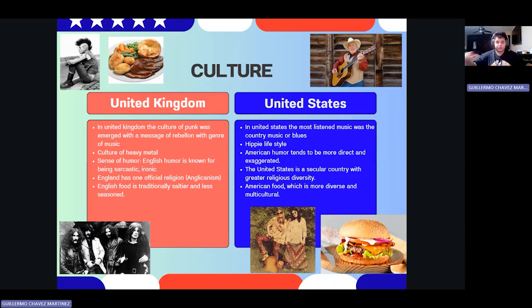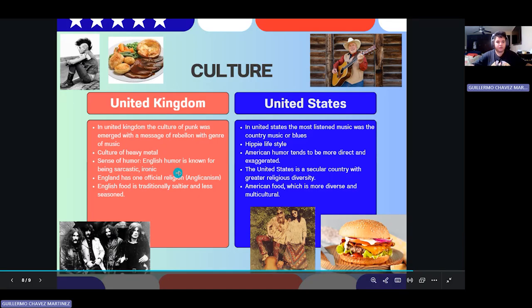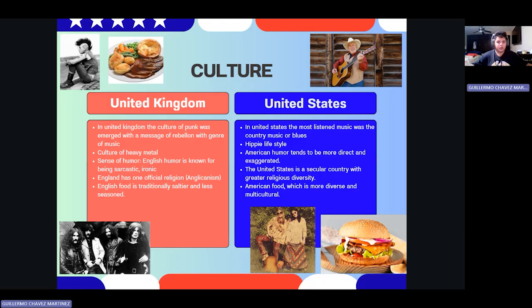As a part of culture, I searched for different characteristics: movements, music, food, religion, and also sense of humor. It's part of the culture of both countries. In the United Kingdom, the punk culture emerged with a message of rebellion and a characteristic genre of music.